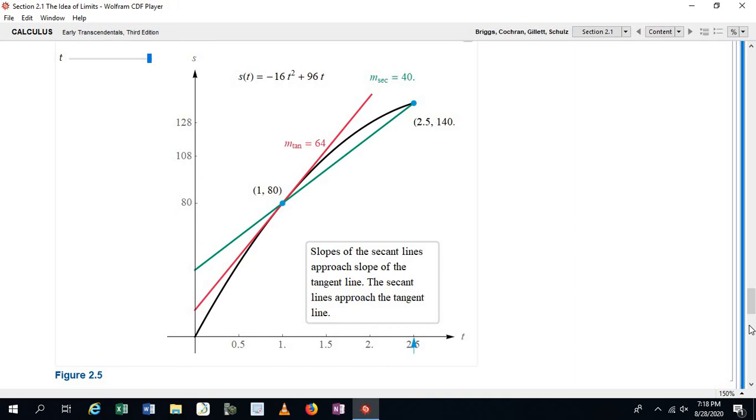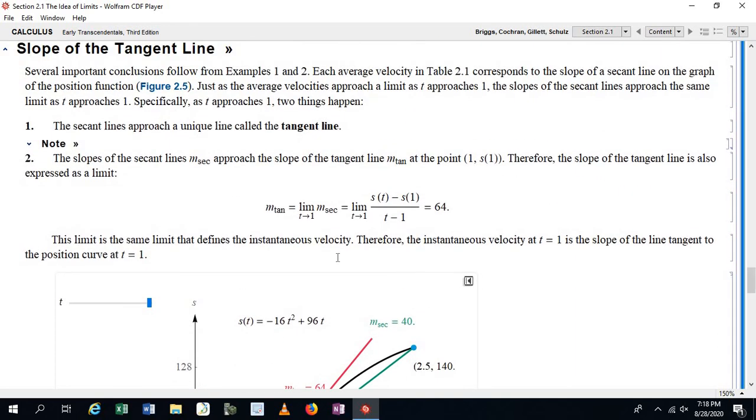And I think you can see that the limit of these secant lines as t is getting closer to 1 is actually equal to the slope of the tangent line when t equals 1. Okay, in this case it's 64. So that's a couple of things you need to keep in mind. Secant lines begin to approach this unique line called the tangent line.